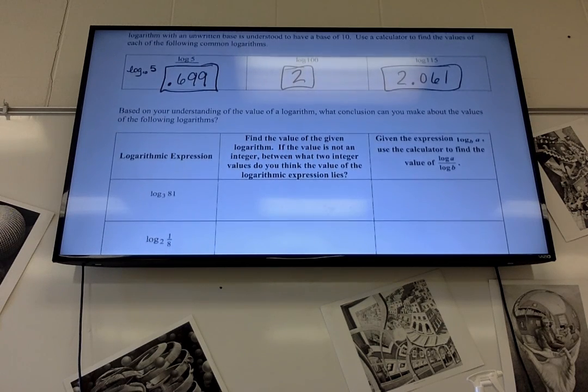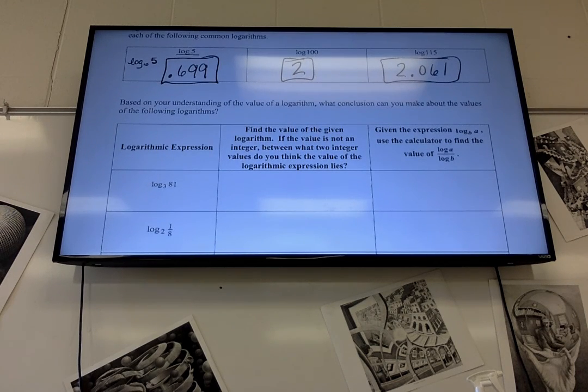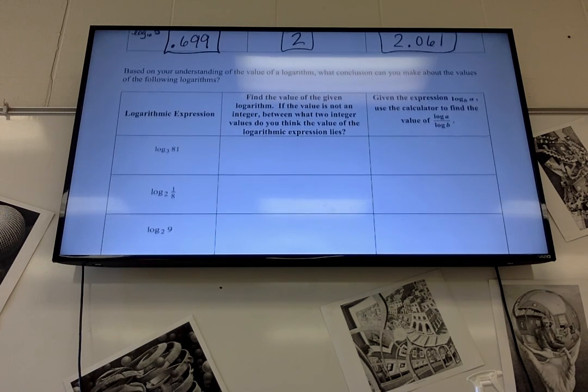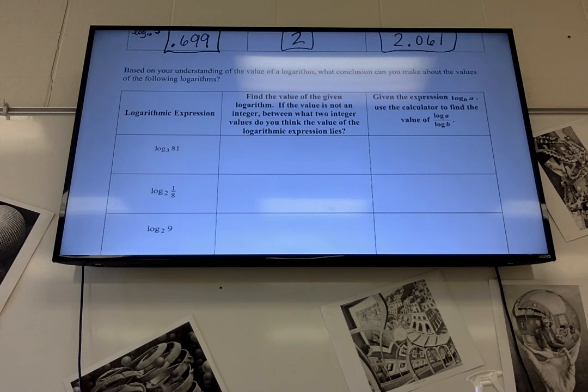So based on your understanding of the value of the logarithm, what conclusions can be made about the values? All right, so we're going to do these with a calculator and without a calculator so that you know how to do it both ways. So for this one, log base 3 of 81, it doesn't have that is equal to anything. So I'm going to put equals x.